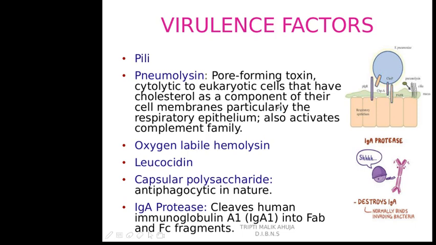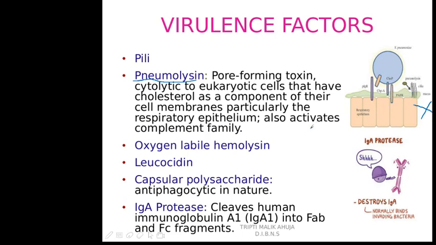Various virulence factors: by means of pili, the bacteria attaches to the respiratory epithelial cell. The unique characteristic is the pneumolysin, which is a pore-forming toxin. Because of this, the bacteria causes the lysis of the respiratory epithelial cells as it attaches to these cells and causes pore formation.